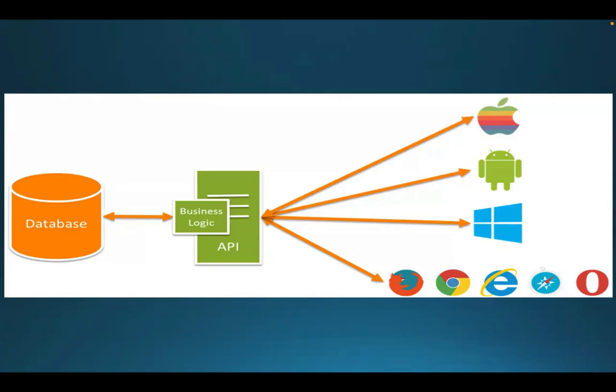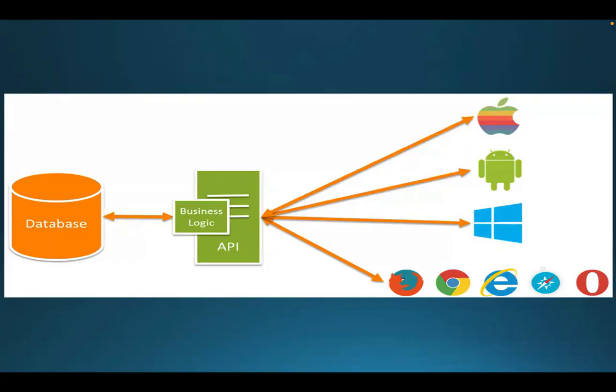API enables communication between client and server. The client makes a request, the API collects that request, communicates with the data, converts the data into the format understandable to that particular device, and sends it, so that we can use the data.